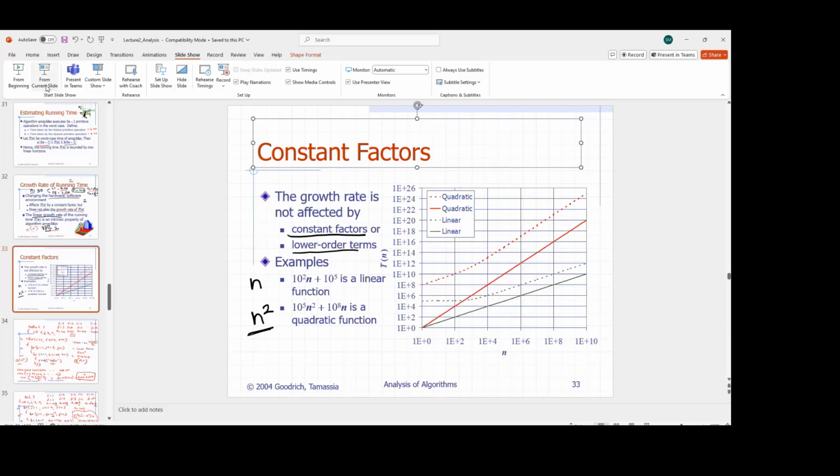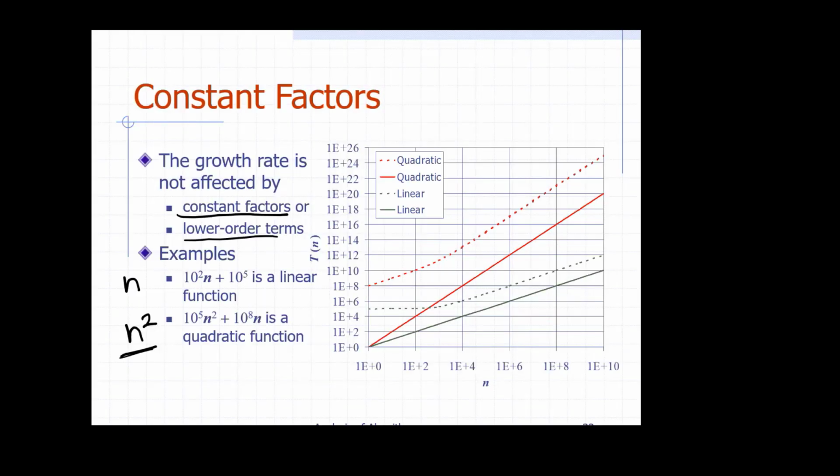It is kind of an explanation of why we can drop constant factors and lower order terms. The statement they are making is that the growth rate of a function is not affected much by the constants multiplying your n terms and by the lower order terms. They have given two very good examples. Let's say we have one time complexity which is 10^2 n plus 10^5.